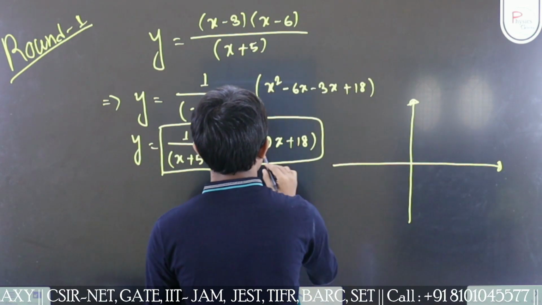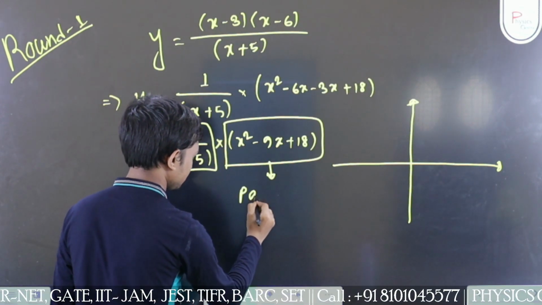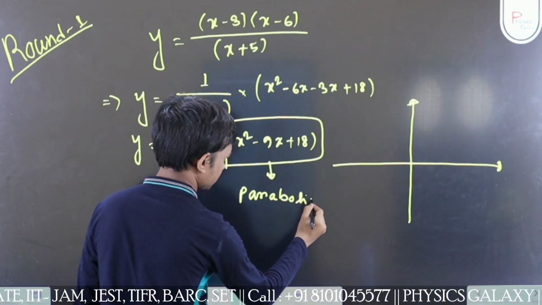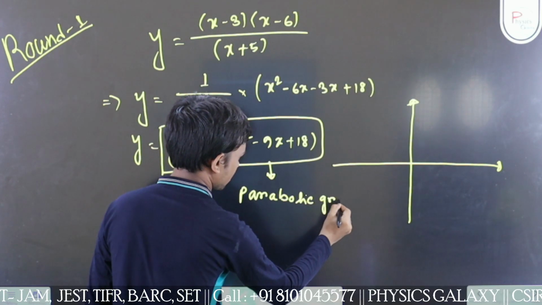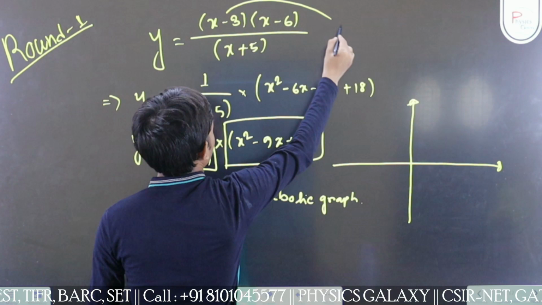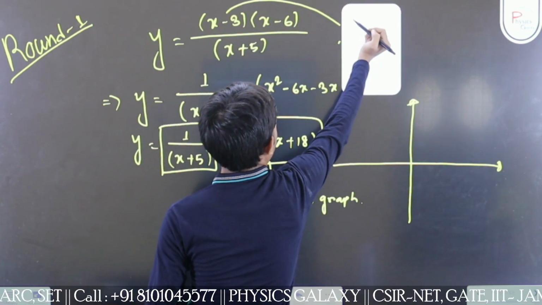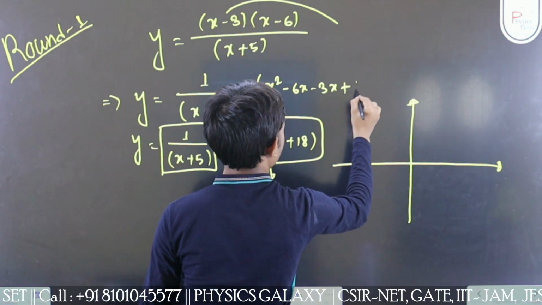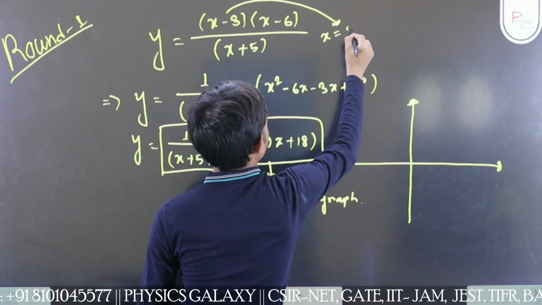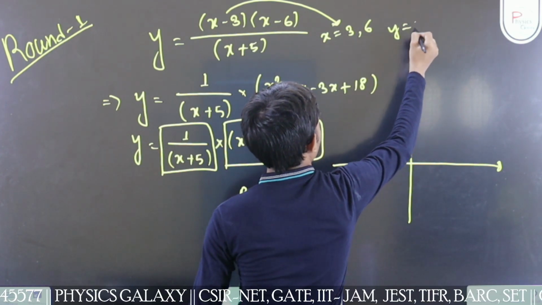This represents a parabolic graph, and from this expression I can say x equal to 3 and 6, y is equal to 0.